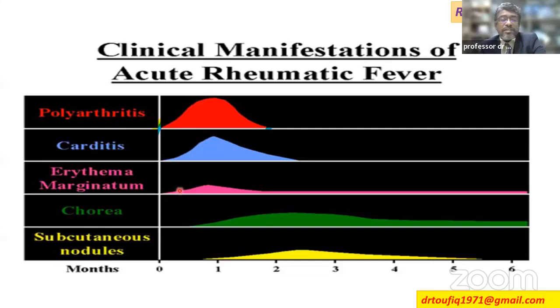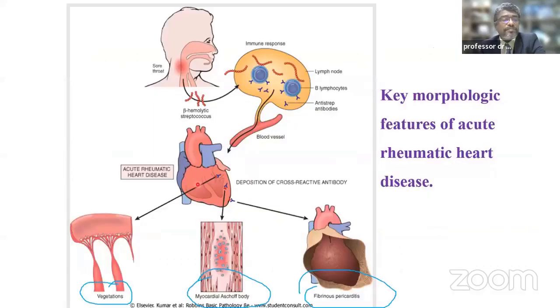Erythema marginatum may also follow the acute rheumatic fever. But chorea usually occurs 1 to 2 months after the sore throat infection, and the subcutaneous nodule also takes some time to develop. But polyarthritis, carditis, and erythema marginatum may occur usually 1 to 5 weeks following the sore throat infection.